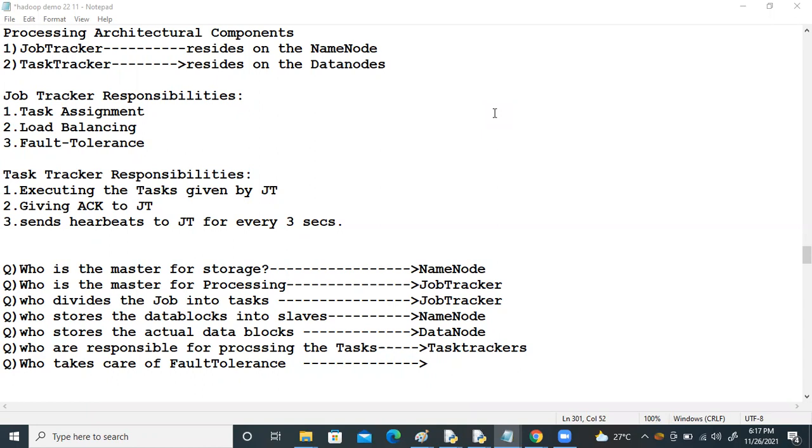Who does that? The job tracker. The job tracker takes care of the entire processing side. Data node is for storing.